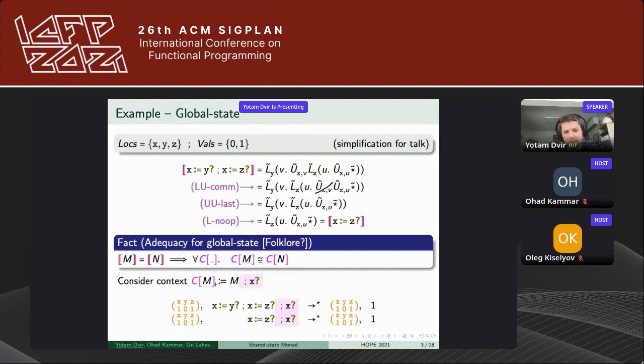Just to give an example, consider this context of running the program and then looking up X. From this particular state, you can see they have the same operational semantics. They end up in the same state and return 1. You're overriding X with Y and then overriding it with Z, so it gets back to 1.